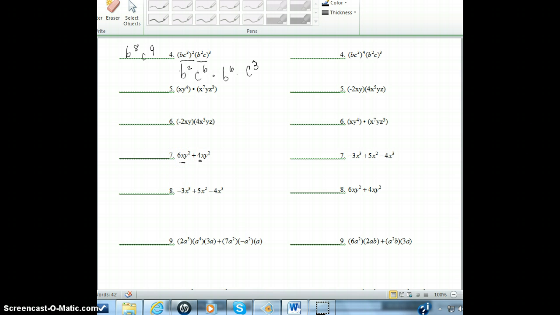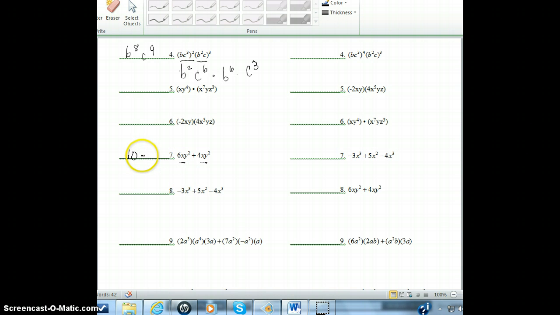So you've got 6x y squared plus 4x y squared. Are they like terms? Yes, because both are x y squared. So we simply add the 6 and 4, and that's 10. Do we add x y squared together? No, that is just the like term. That's just the common part of both.